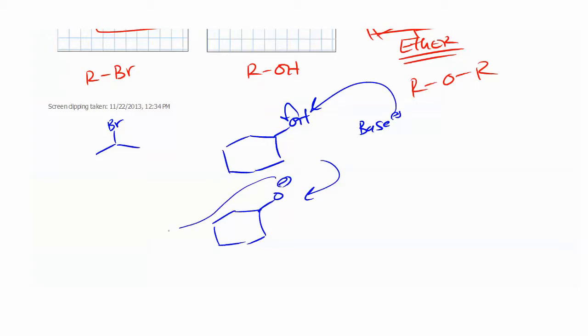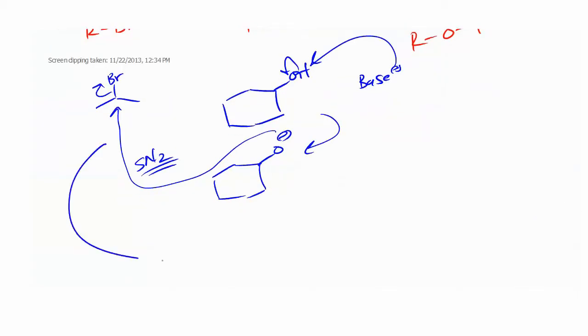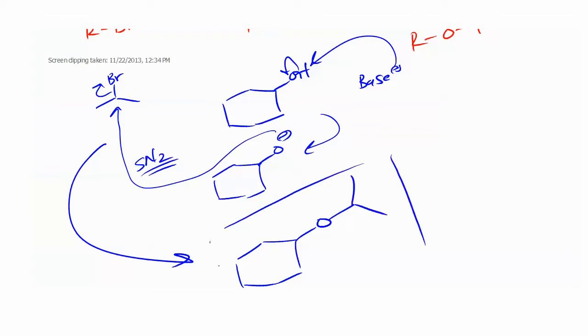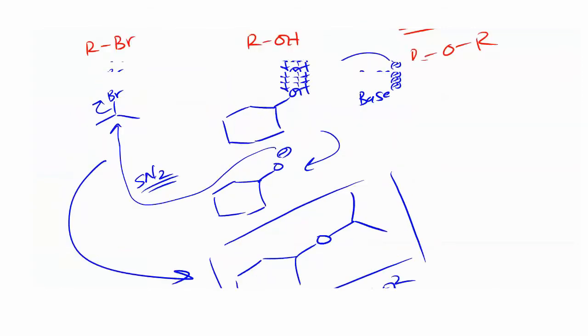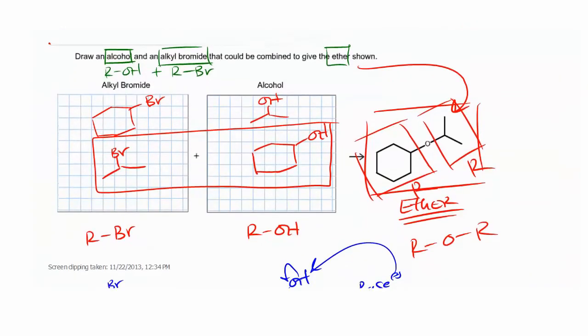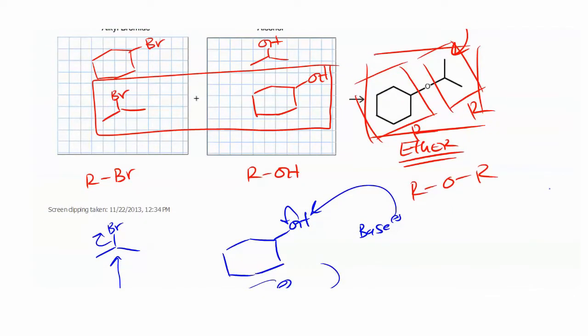Then this alkoxide would do an SN2 here, and that would cause us to generate the product that we're looking for, which is the ether. Cool. So I think it should be this.